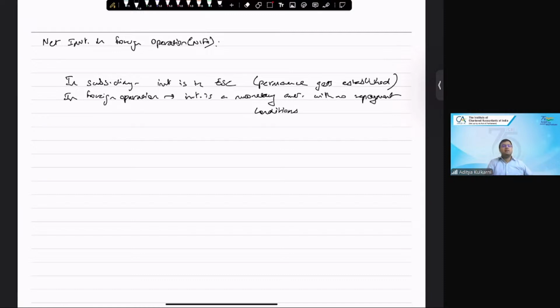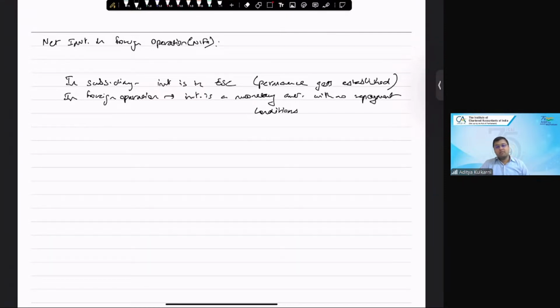Answer is yes. When I say establishing permanence, it means you want that operation to carry on its business. You want that operation to become a going concern. You want that operation to generate the profits. You want those profits to get back to you at some point of time or the other. But you do not want this money back in the form of a loan repayment. Are you able to understand?